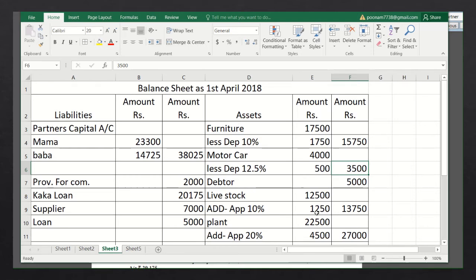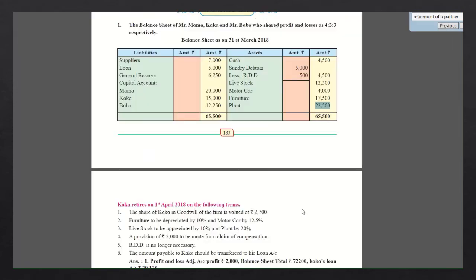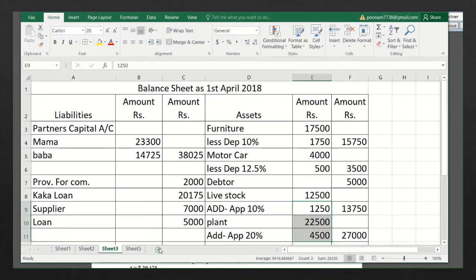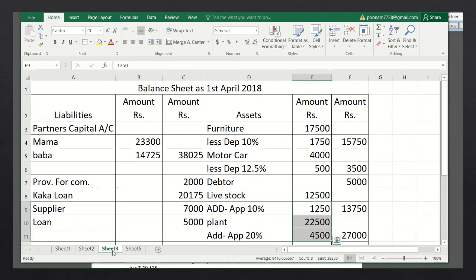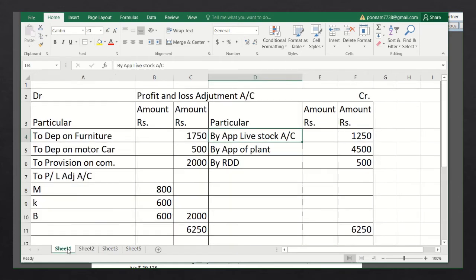So add in assets, outer column livestock will be 13,750 and outer column plant will be 27,000. 20% hike is there, appreciation is there. So this is an increase in assets. So for an increase in assets, the journal entry is asset account debit to revaluation account. So in the revaluation account, on the credit side I will write by appreciation on livestock account 1,250 and 4,500. So here I have recorded appreciation in livestock and appreciation in plant.